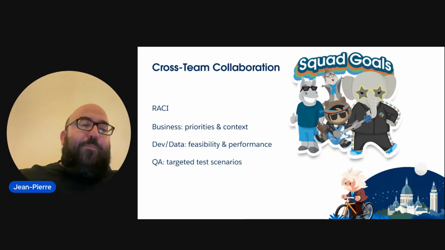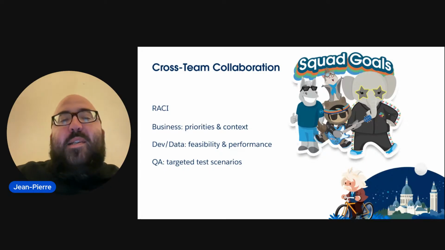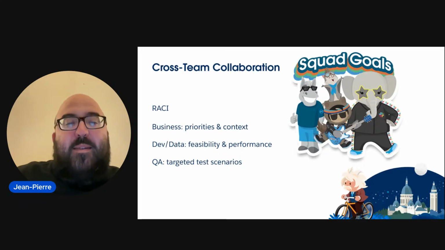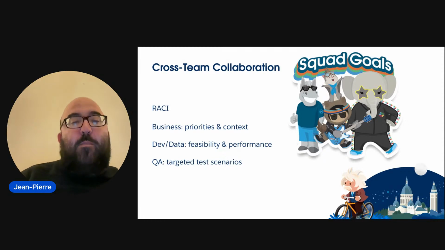And obviously, when it comes to QA, you want to send targeted test scenarios their way. You want to make sure that they have the right test scenarios so that they can focus on really understanding what the data is for and how it's needed in specific use cases. It's very, very important.